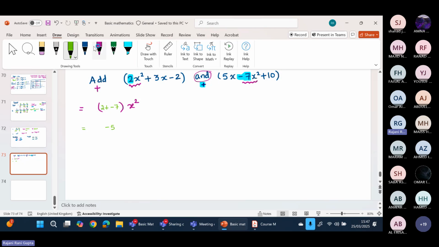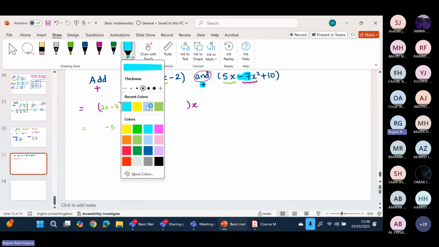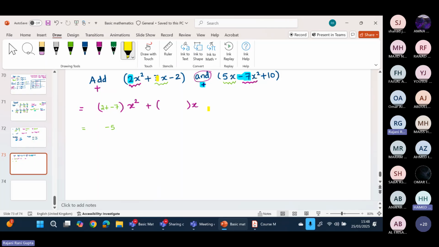Similarly, look for the next term, x. You have 3x and you have 5x, so you will have a term with x. The number with x in the first term is 3 with plus, and here 5, no sign means plus.